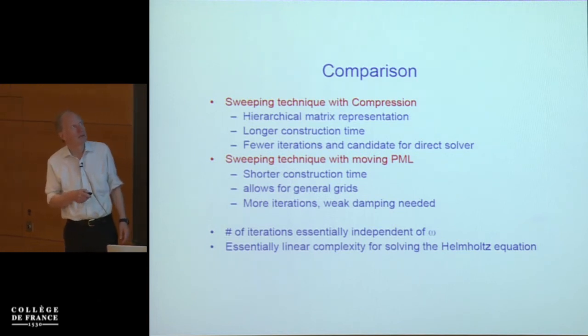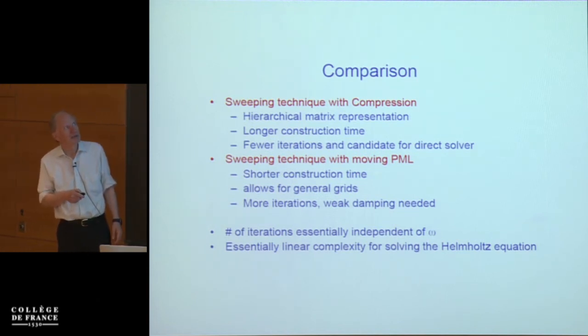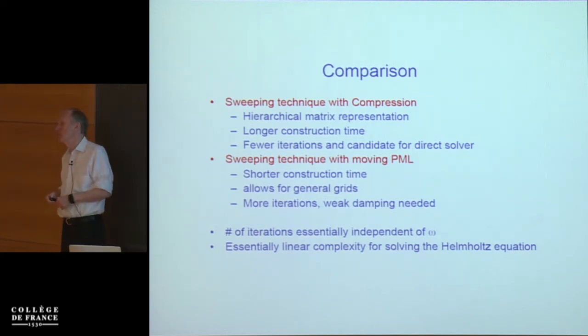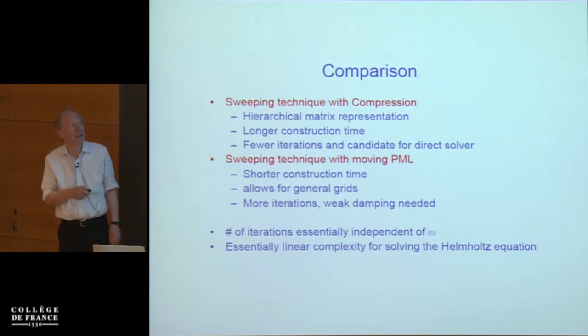You get an LU decomposition. If you do it this way, it is a shorter construction time because you don't have to do this algebra. And the most important part is it allows for more general grids. You could do an unstructured grid. With the other one, you have to have the geometry following the algebraic structure, so a row should be a line or something close to that.